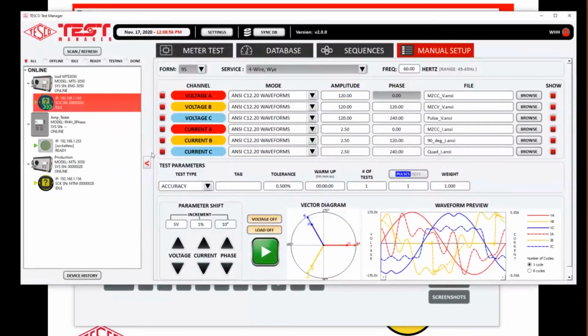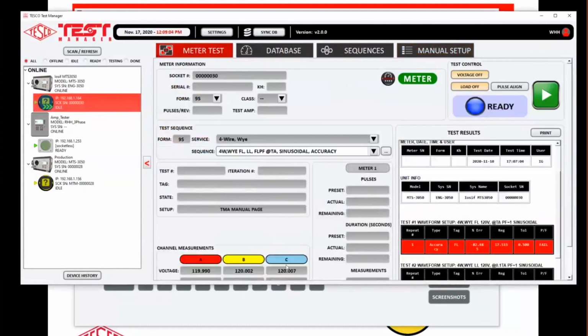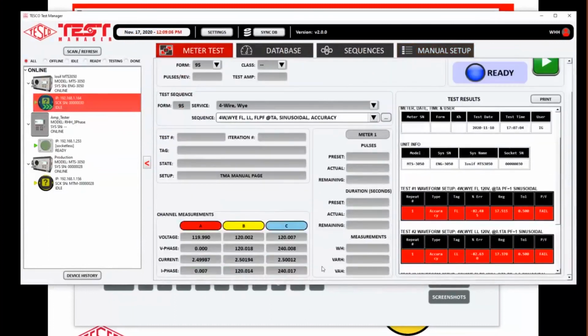You can control them from basically anywhere and get live feedback of what's going on. So if I come here, I can actually see what the voltages and currents are set at.